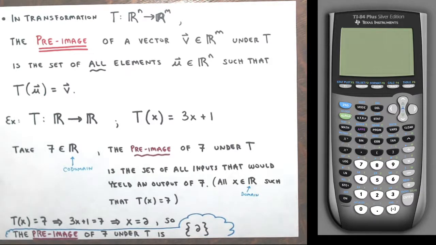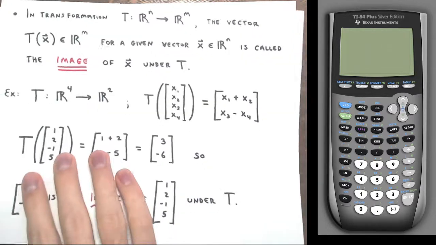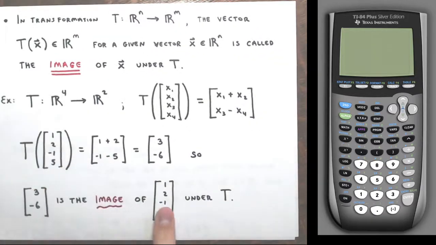Now, I have other examples besides this because I want to point out, the image of an input is going to be a single output. You saw on this page, the image of some input is a single output.